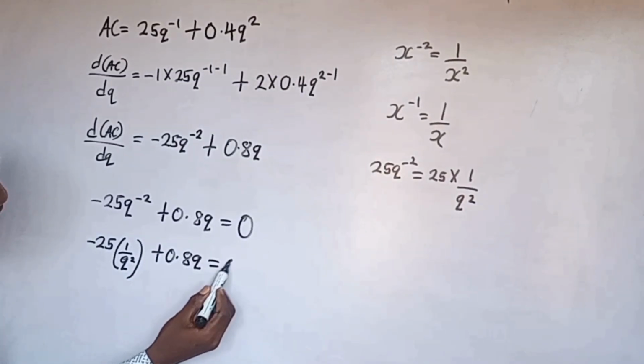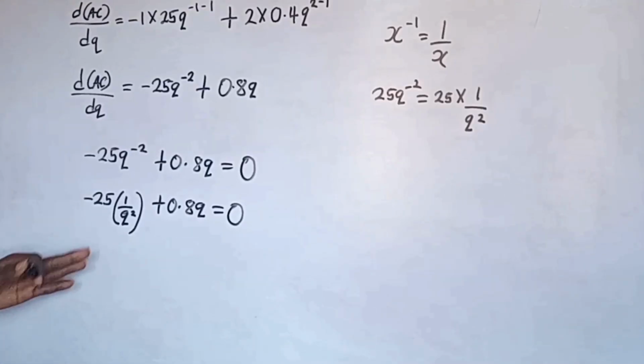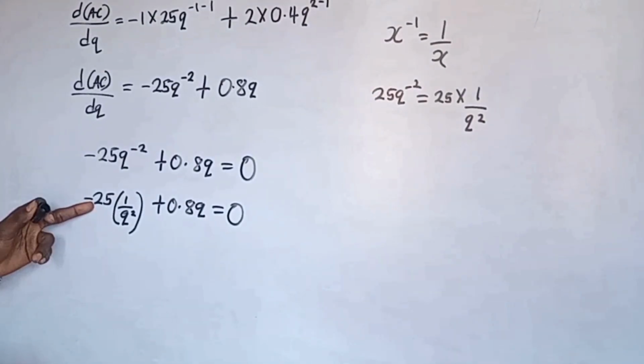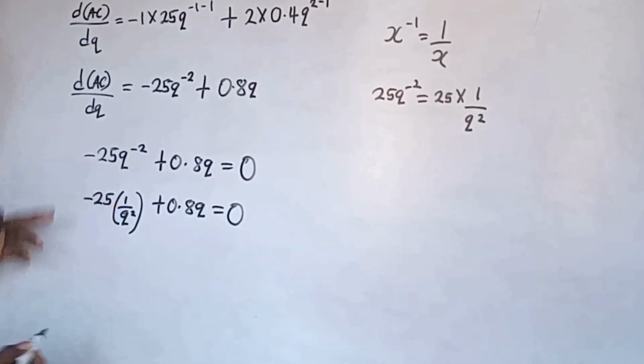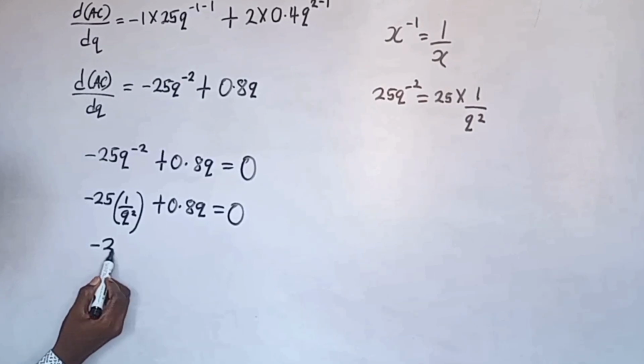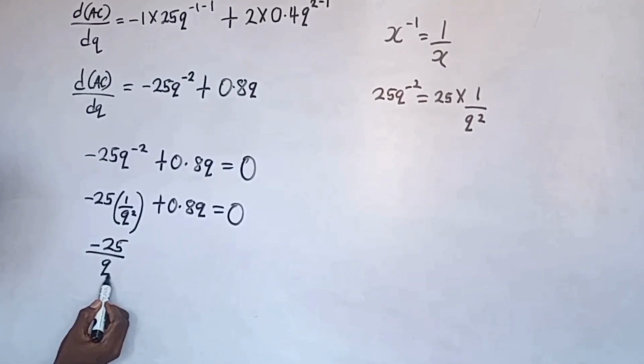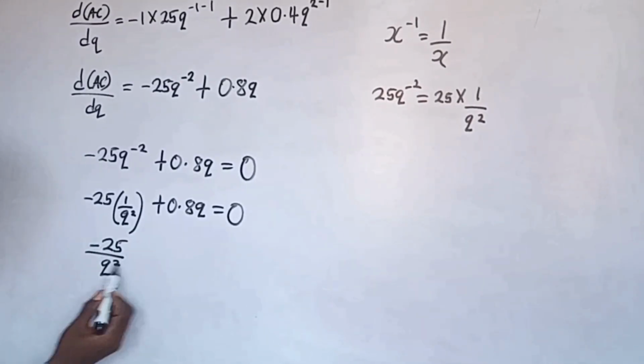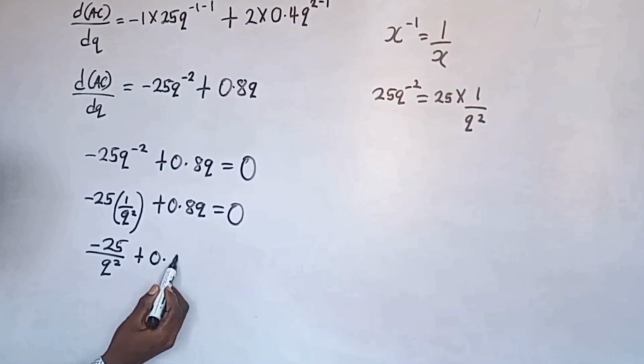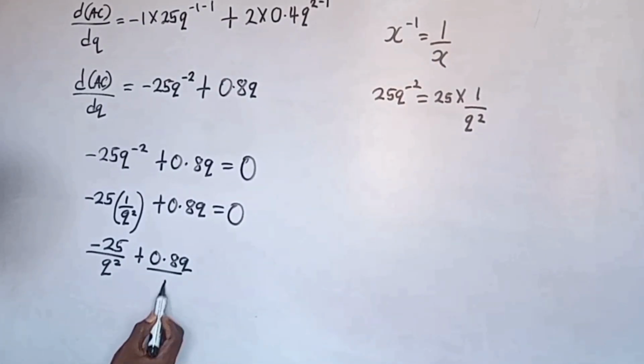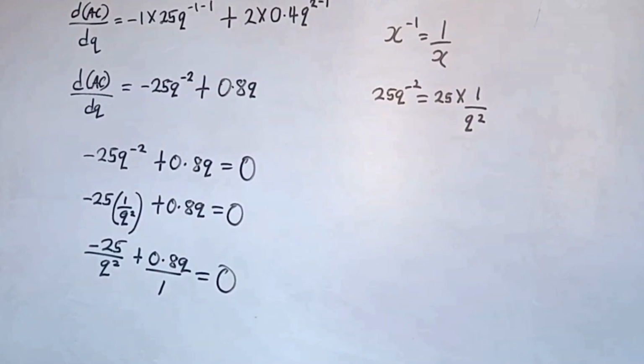So I have this here plus 0.8q equals to 0. Now if you look at this very well, minus 25 can multiply the one in the bracket. So I can have minus 25 all over q squared plus 0.8q all over 1 equals to 0. Now I can take the LCM at this point.